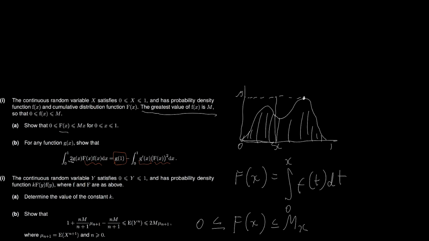The total probability of any event has to sum to 1, so the area underneath the probability density function has to equal 1. As such, that probability density function ends at 1, so we get f of 1 equals 1. Similarly, at 0, there is literally no area under the curve, so f of 0 equals 0.